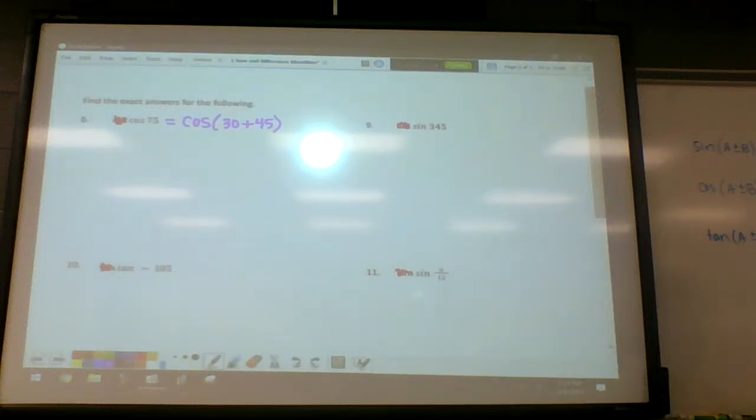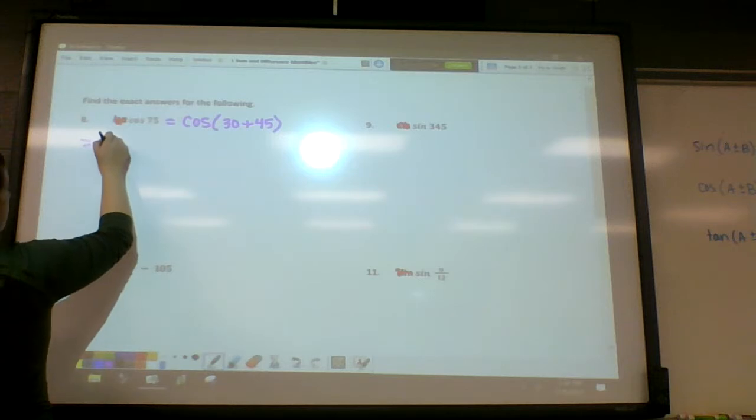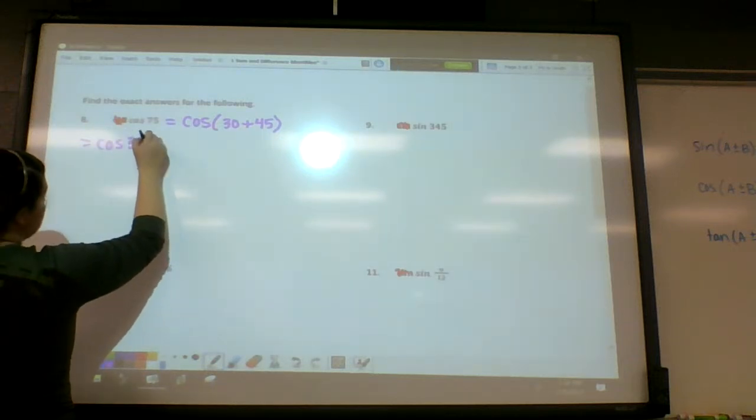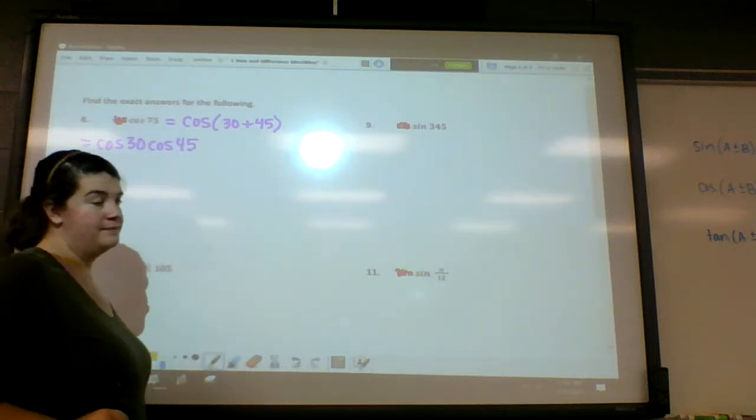All right, so this is the cosine of 30 plus 45. So we're going to use the cosine identity, and we're going to use the one with the plus. So this starts off with cosine of one angle and cosine of the other angle. So this will be equal to the cosine of 30 times the cosine of 45.